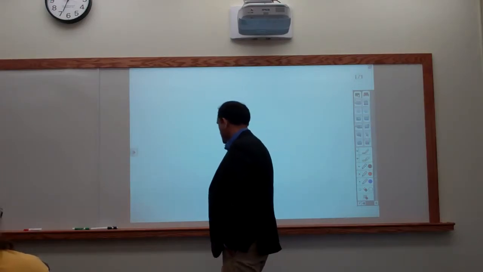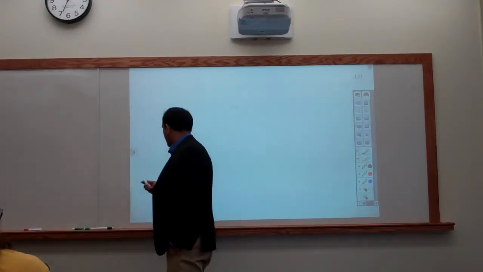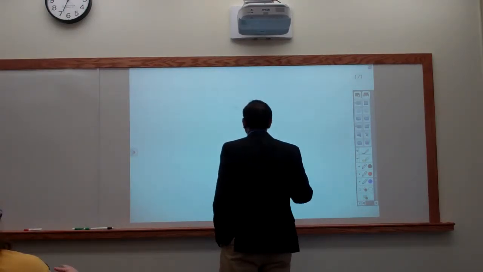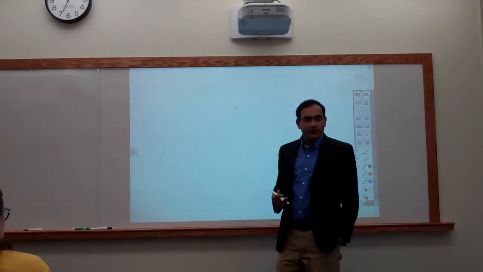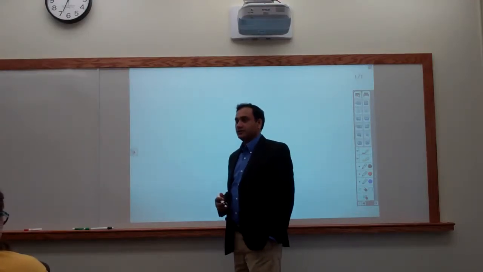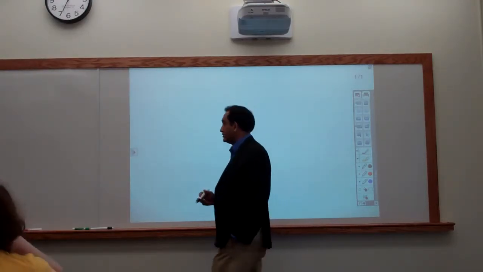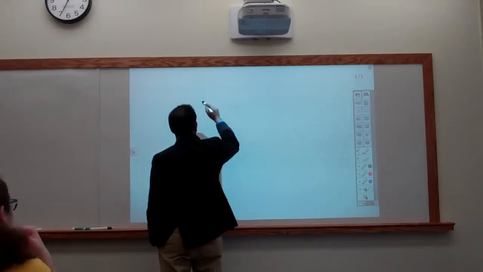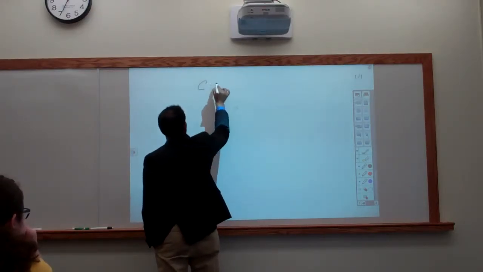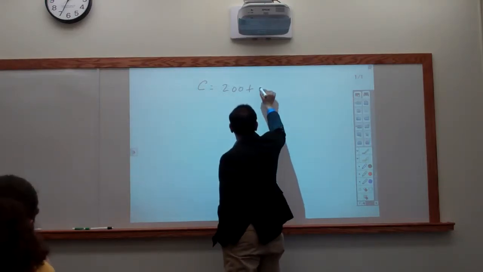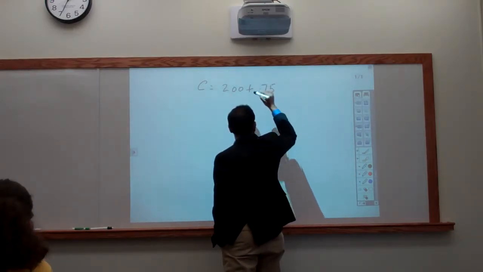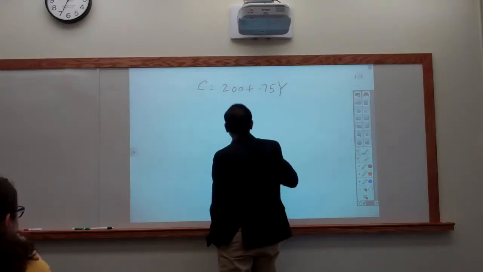So let me give you a new consumption function and an investment function, and then we are going to find the value of real GDP. Let's suppose consumption is given by 200 plus 0.75y.